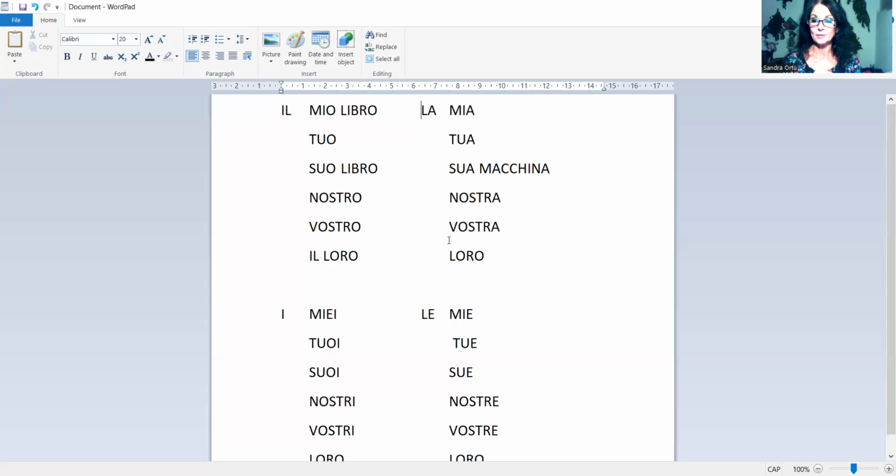We have two genders and number, singular and plural, so we've got four for each that are in English as well. And then the possessives agree with what we own, not with the person who owns something. So it is the opposite of English.